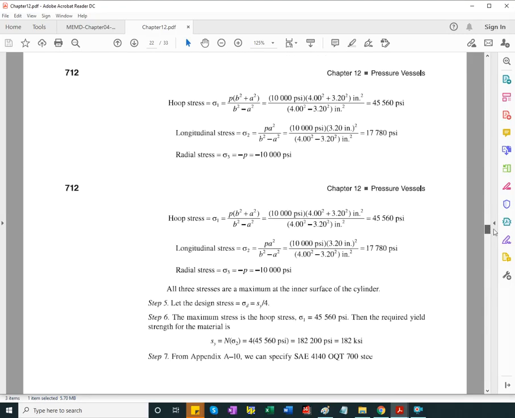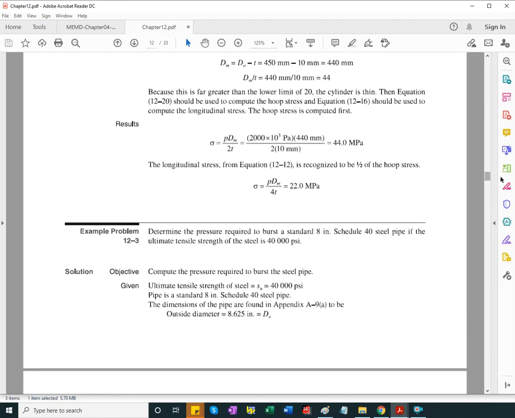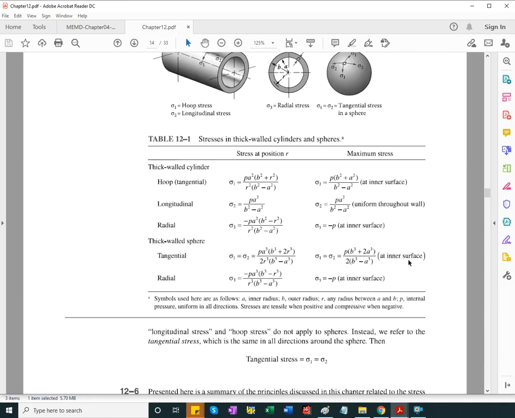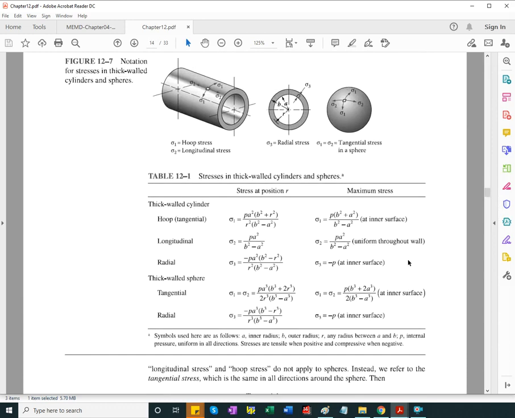Regarding the equations to use, there's no harm. There's no statement elsewhere, but I'm telling you, if you use the thick wall formula for thin wall cylinders, there's no harm done. The other way around is problematic.